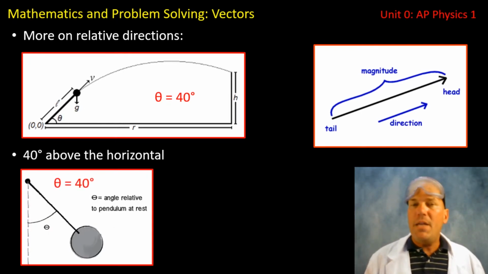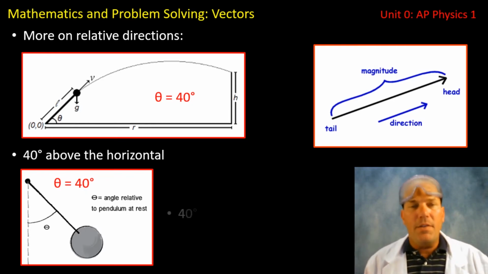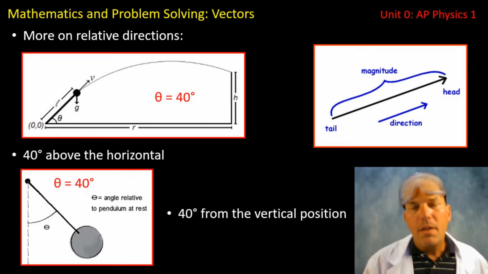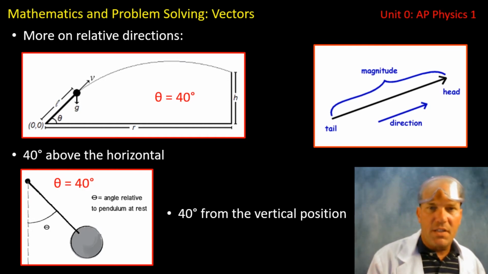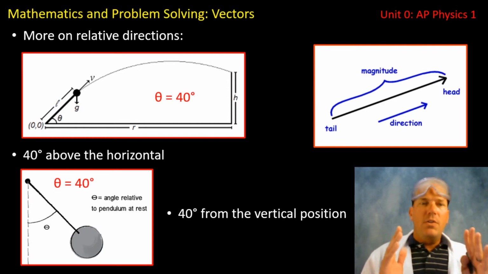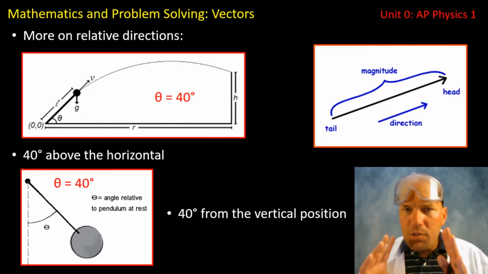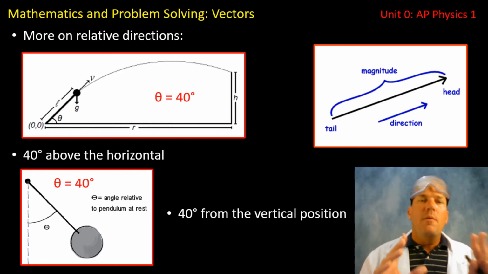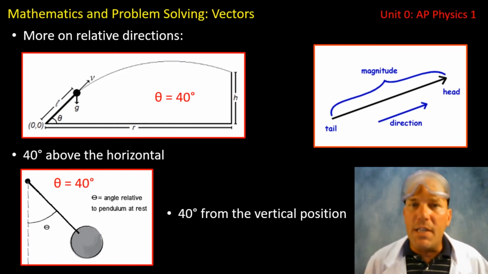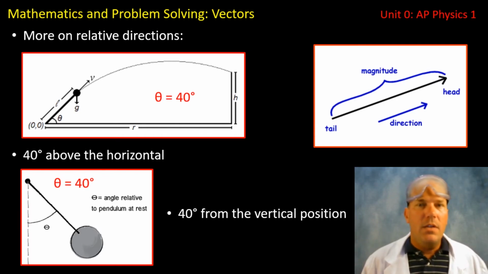Here we have a pendulum, and its angle is 40 degrees as well, and it is described as being 40 degrees from the vertical position. So that's two more ways to represent the direction of vectors, but using relative directions. So to recap, we can use signage, plus, minus.